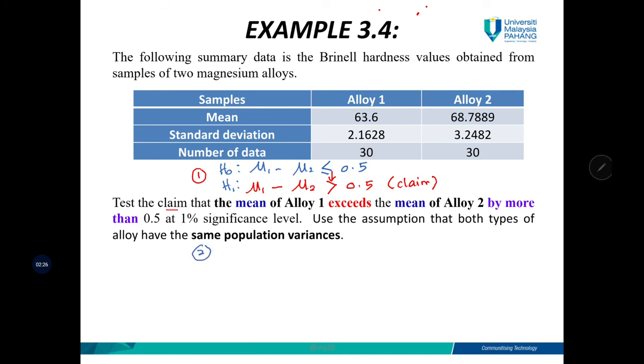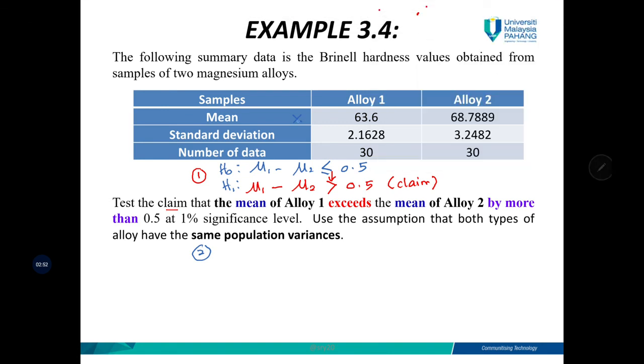To help us choose the right test statistic, we can look at the information given. The first one is the data summary here. You can see this is a sample, meaning that the mean here refers to the sample mean.